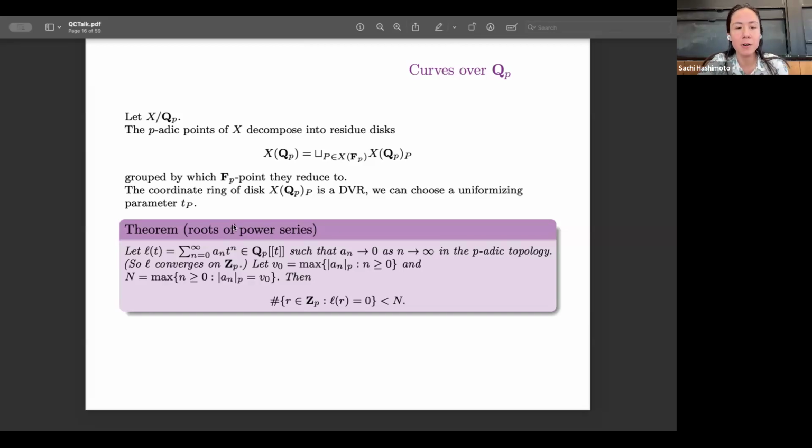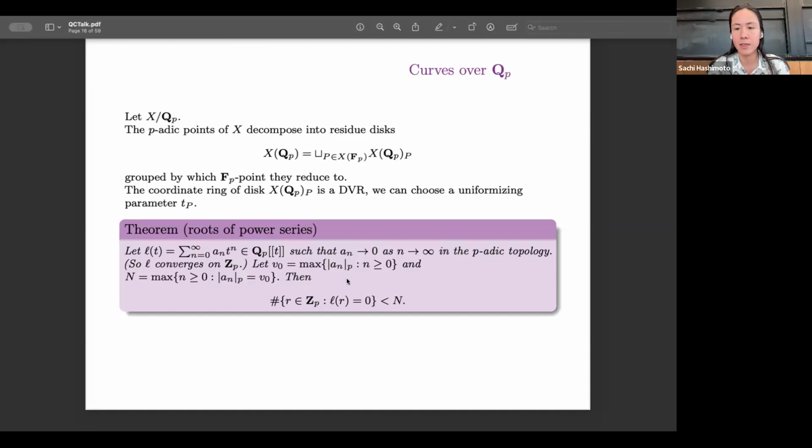The theorem below looks kind of technical, but what it says is that if I have a power series that converges on Z_p, then there's a formula for the number of roots of that power series just in terms of the valuation of the coefficients. In other words, a power series that converges on Z_p has only finitely many roots.